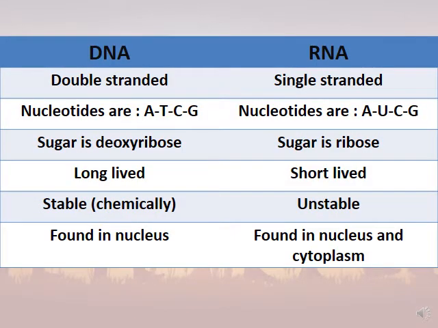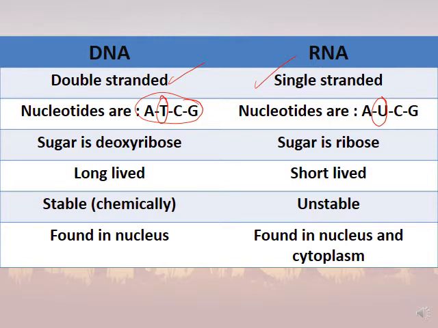DNA and RNA. What are the differences between them? DNA is double stranded, whereas RNA is single stranded, only one strand. The nucleotides in the DNA are A, T, C, and G, whereas the nucleotides in the RNA are A, U, C, and G. So the T is replaced by U. The sugar in the DNA is deoxyribose, whereas in the RNA it's ribose.